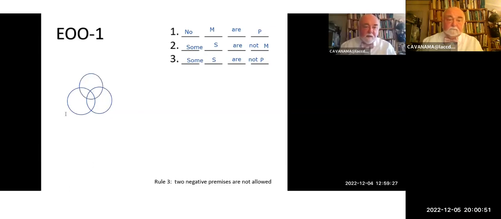S and P and M. Okay, no M are P. If anything is an M, it is not also a P, so that bit within the M circle, which overlaps with the P circle, is going to be empty. Shaded.